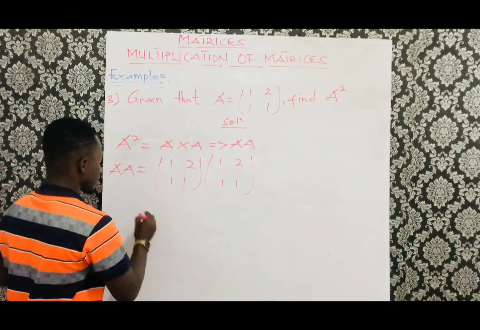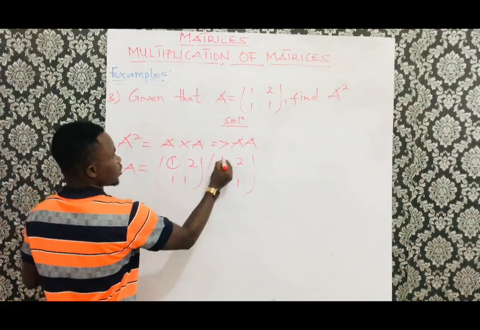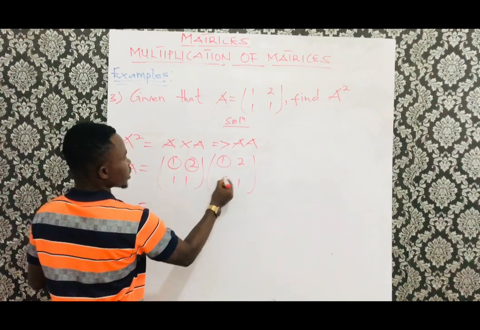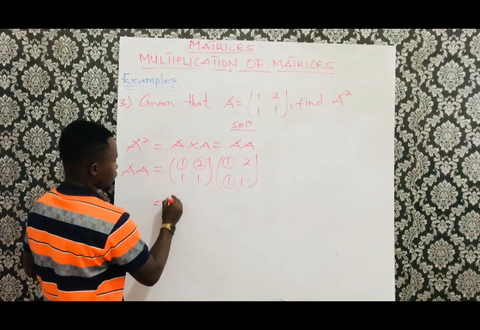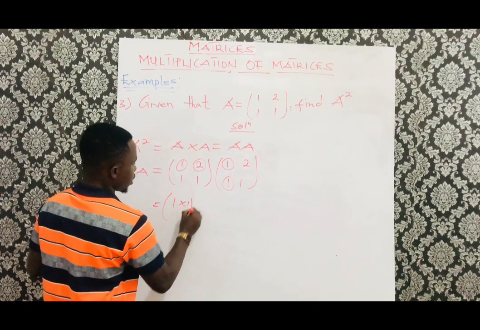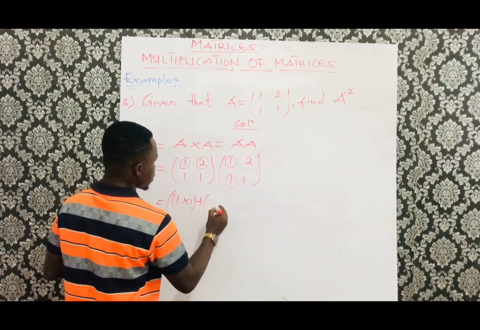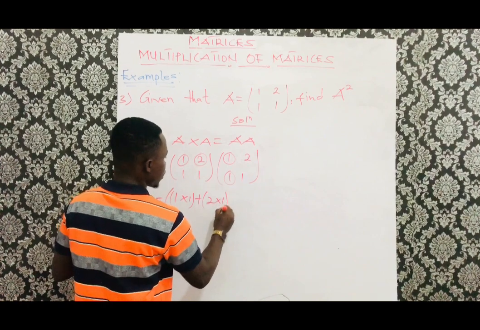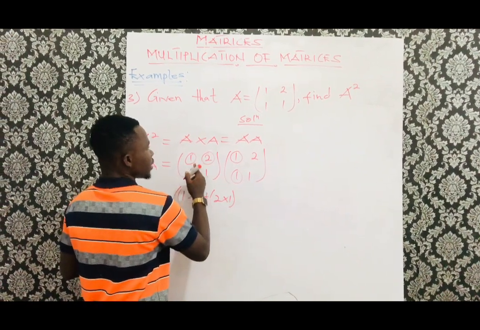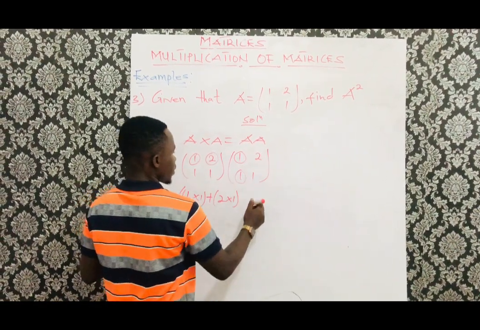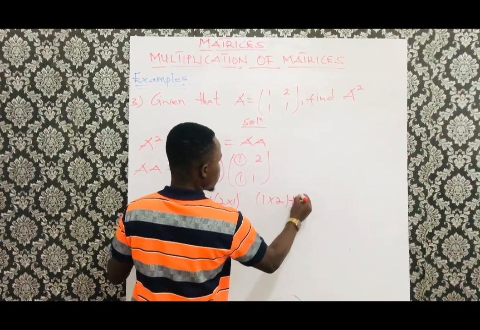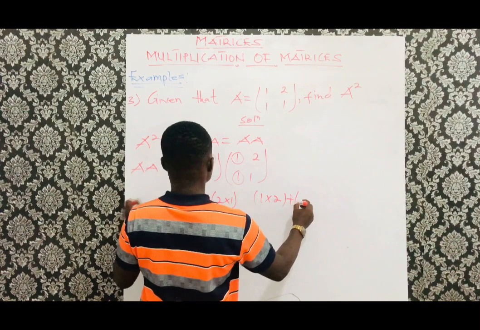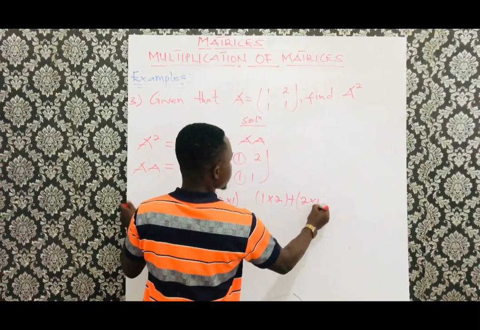To find the product, 1 multiplies 1, 2 also multiplies 1, then we add their product. So we have 1 times 1 plus 2 times 1. Then this one will multiply these ones, which will be 1 times 2 plus 2 times 1.